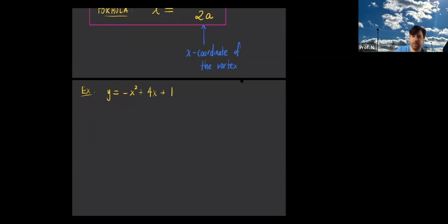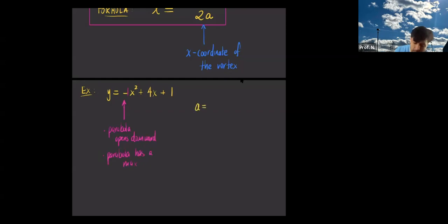What does the number in front of the x squared tell me? I have a negative what? I have a negative 1. This indicates that the parabola opens downward. And I know that the parabola has the max as a result.